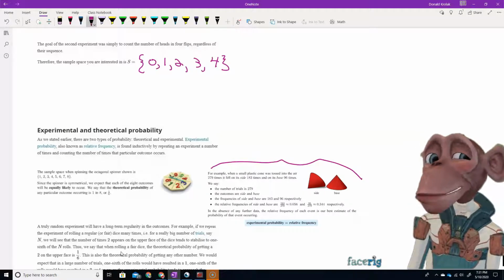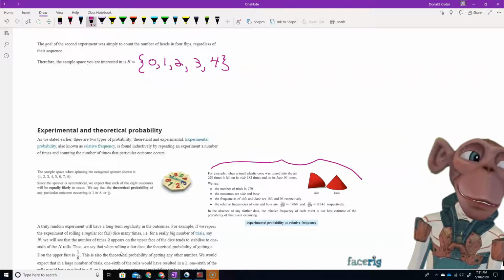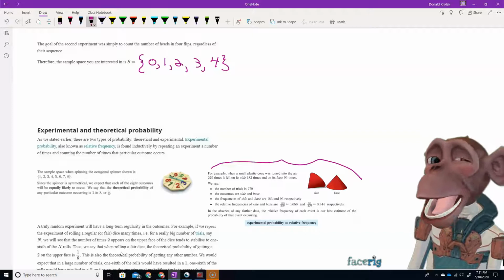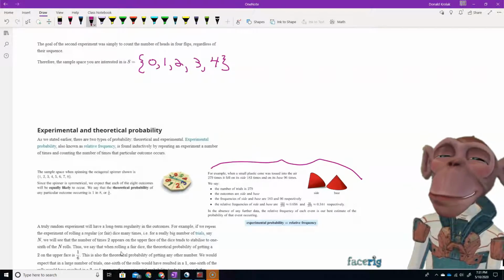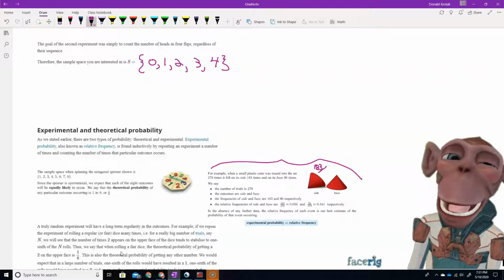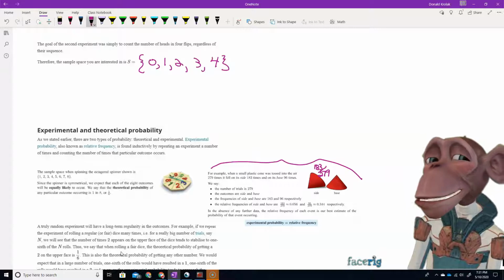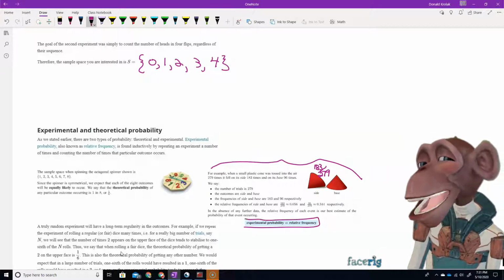If I took one of those cone shapes, like a snow cone, and you flipped it 279 times, out of that 279 times, it landed on its side 183 times. Figuring out this relative frequency right here would be the same as getting your experimental probability.